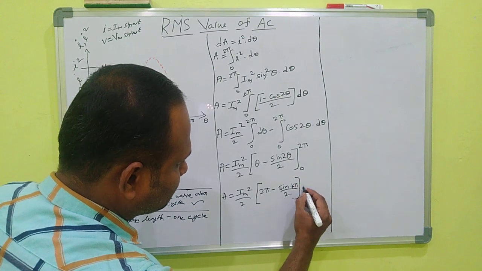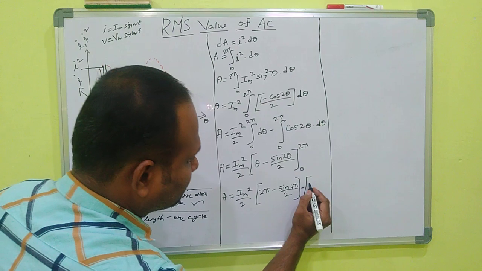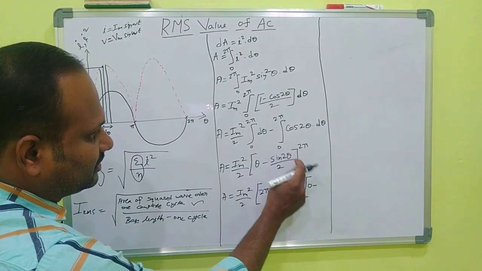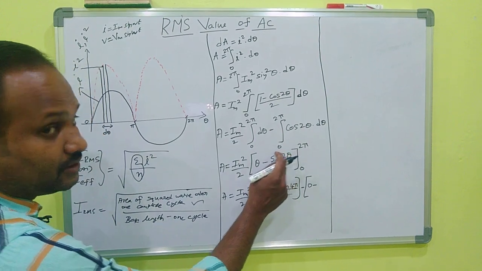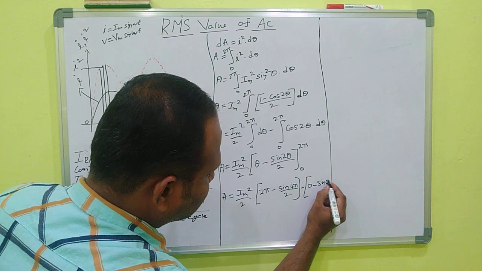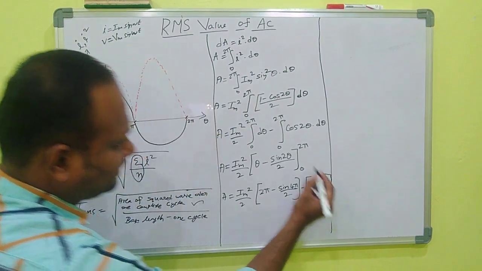This is the upper limit, minus the lower limit. For the lower limit, 0 instead of theta, 0 minus sin 2 into 0, sin 0 by 2. This is the lower limit.